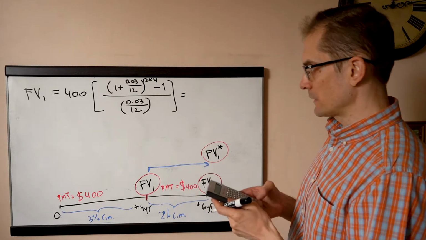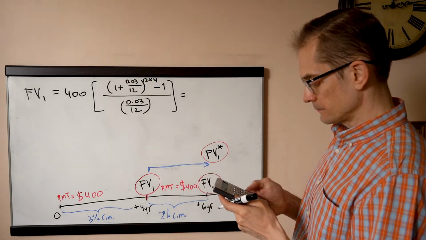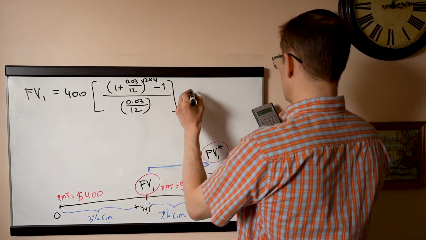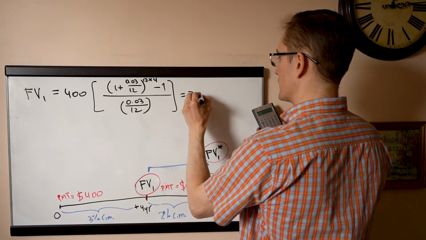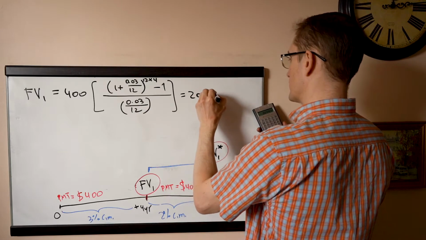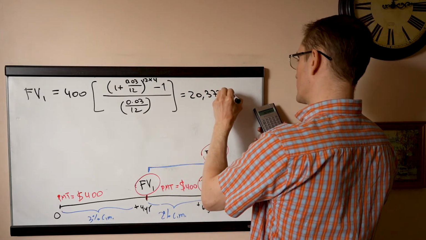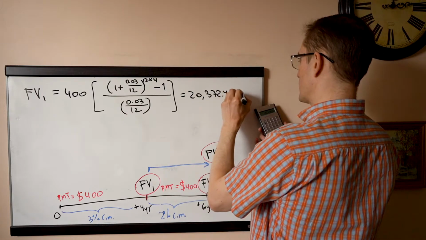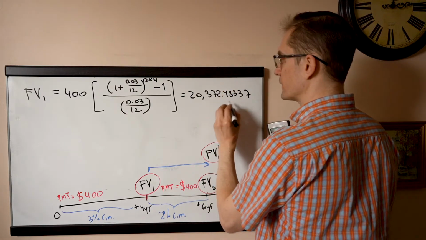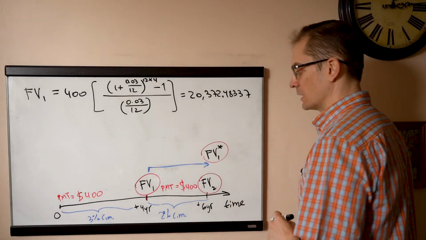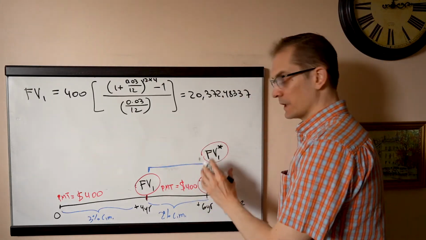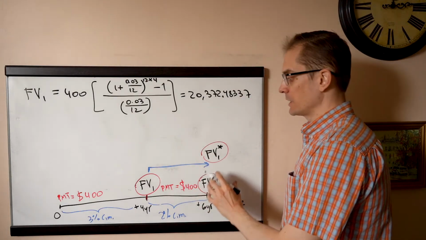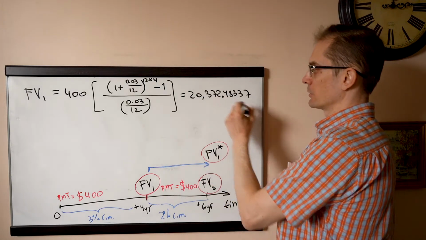So let's calculate this. This is 20,372.48337. I will keep all decimals right now because I have to reach the final stage of the solution before I round.